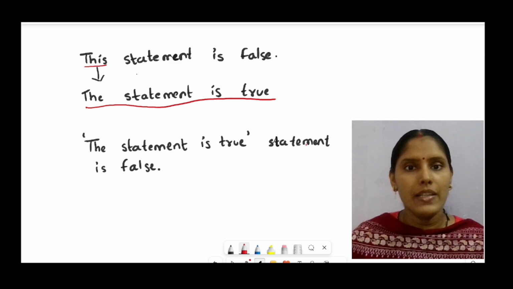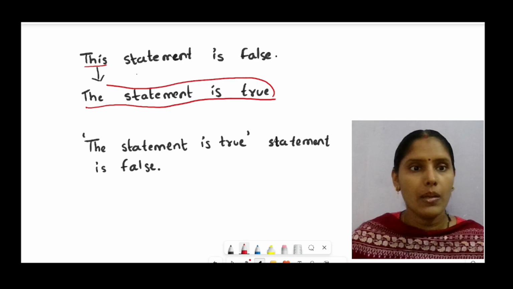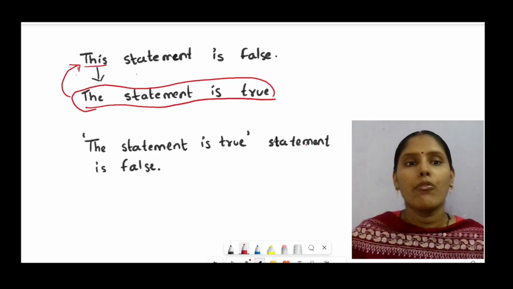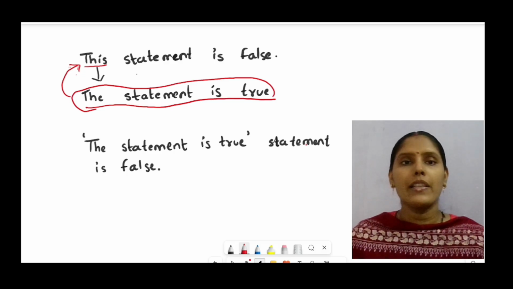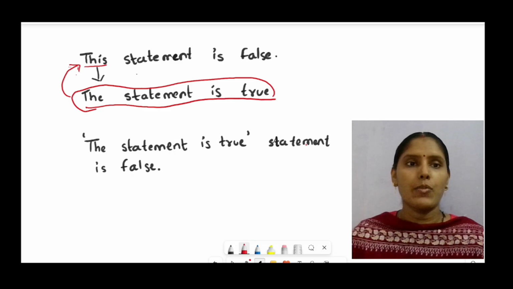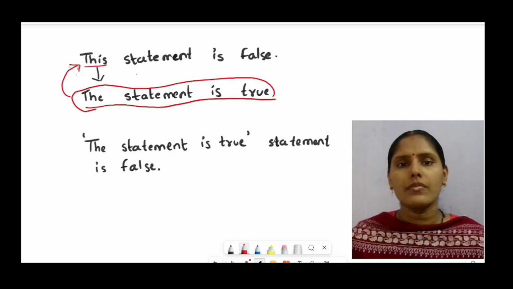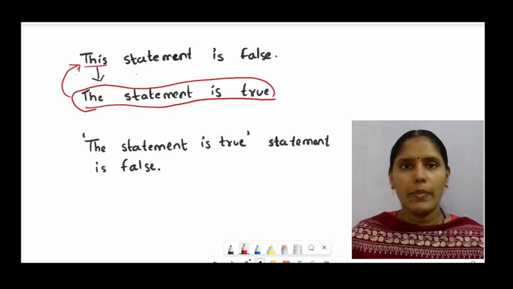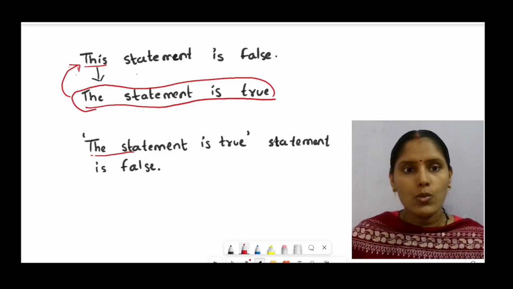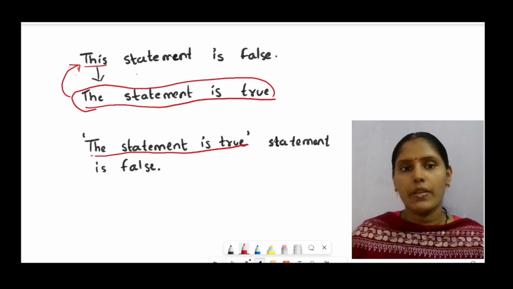If this complete statement is substituted over here, we get a complex statement: "The statement is true, statement is false." I have substituted this complete statement over here. In this complex statement, "the statement is true" is the subject of the statement.